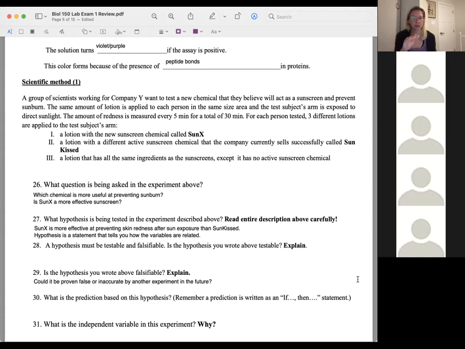So I guess to better explain this concept of falsifiable, you would never make a hypothesis that said Sun X is the best sunscreen ever, or Sun X is the only way to prevent skin redness after sun exposure. A statement like that would not be a hypothesis because that's not falsifiable.